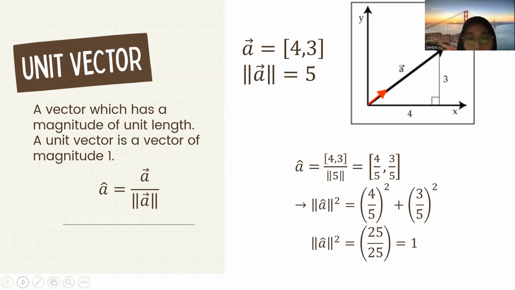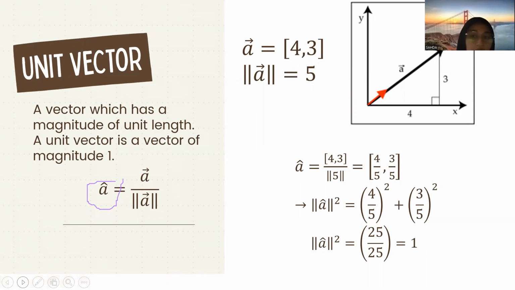To calculate the unit vector associated with a particular vector, we take the original vector and divide it by its magnitude. In mathematical terms, this process is written as A hat is equal to vector A over the magnitude of vector A. So a unit vector is a vector of magnitude 1.